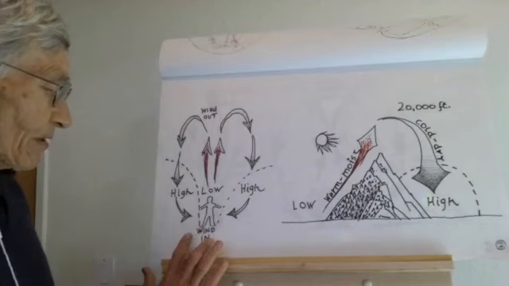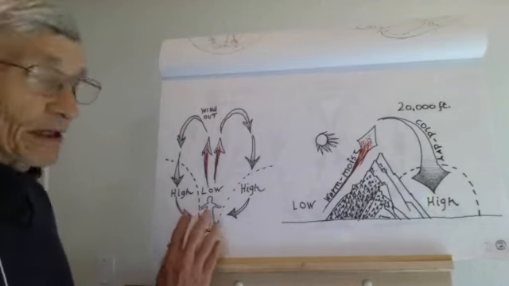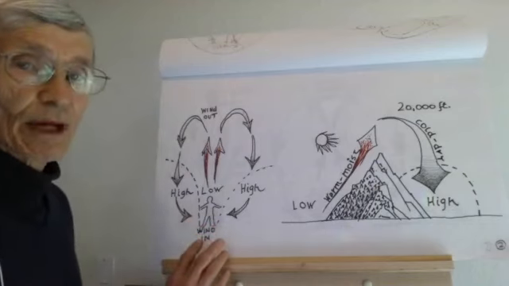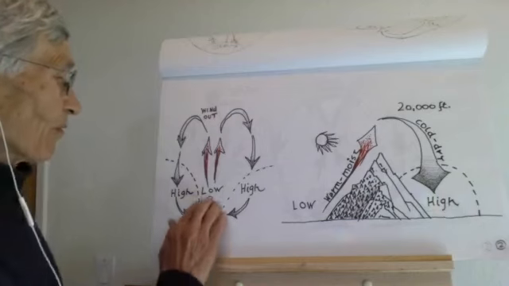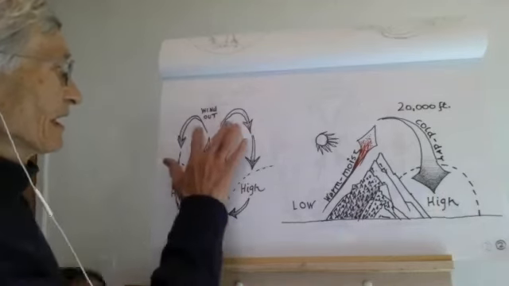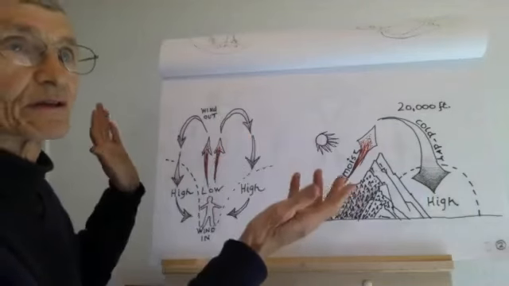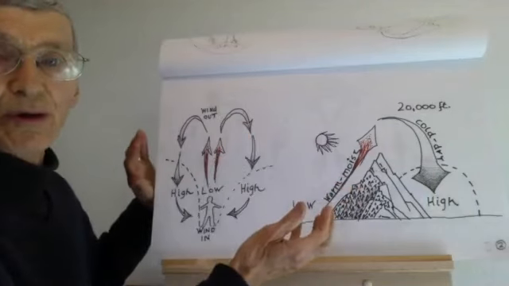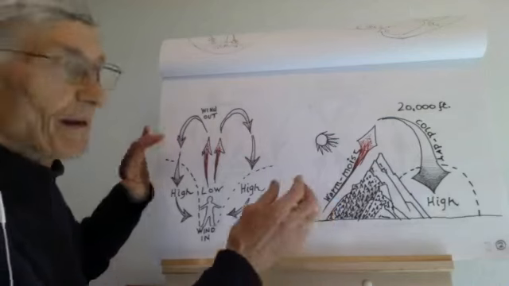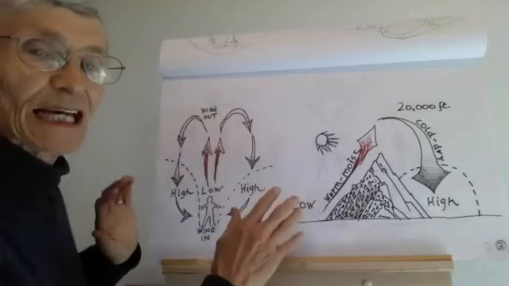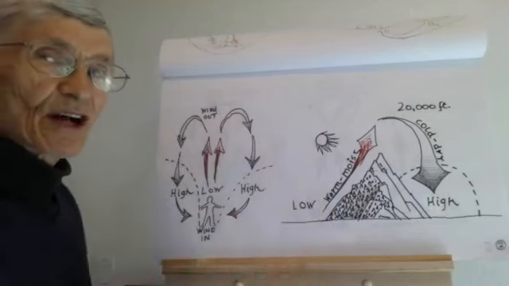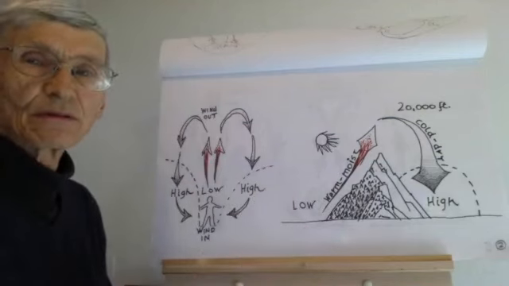So if I'm a little guy here and I'm in a column of rising warm air, that warm air is rising, and when it gets up to 20,000 feet, it's 20 degrees colder than it is on the ground, and that will start to sink. It's kind of like a fountain.